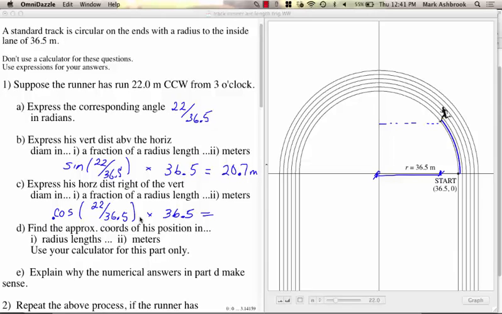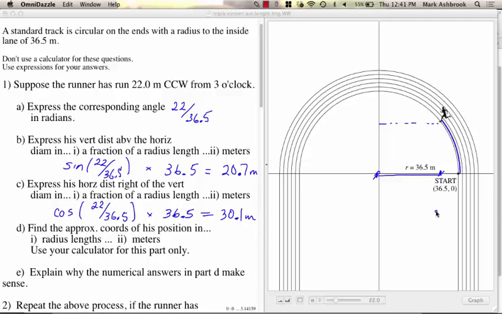And then we take that fraction of 36.5. And when you put it in your calculator, what do you get? 30.1 meters. Makes sense, right? It makes sense because we're almost all the way over at this point. So horizontally, the runner is still pretty close to the starting point. Still hasn't made much progress to the left. So 30.1 meters now from the vertical diameter.